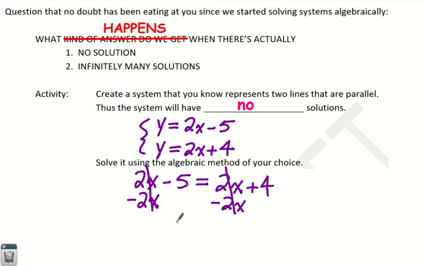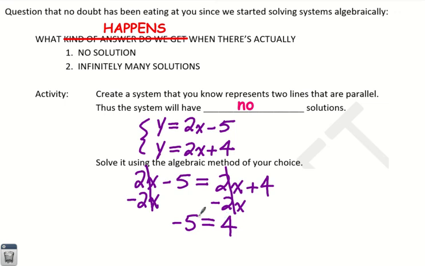And what we are left with is negative 5 equals 4. The x variable completely went away. And what was left over is negative 5 equals 4, which is either true or it's false. In this case, it's blatantly false.